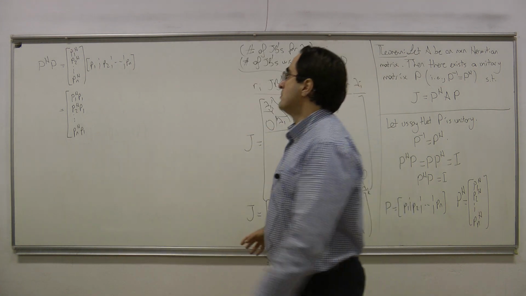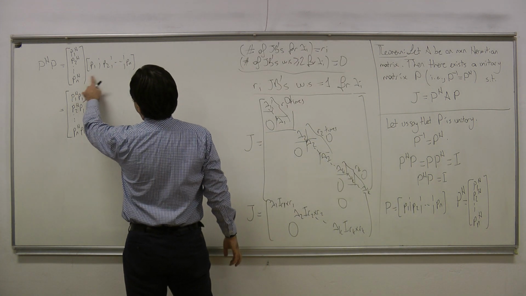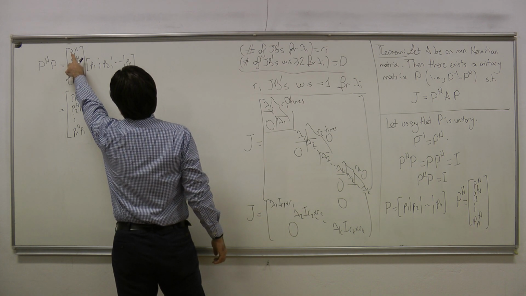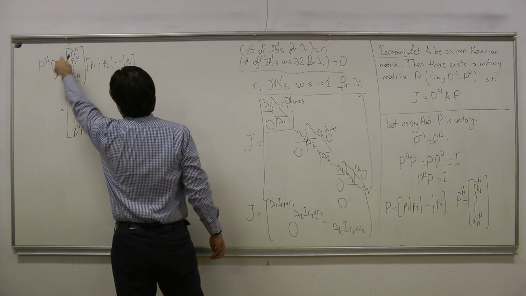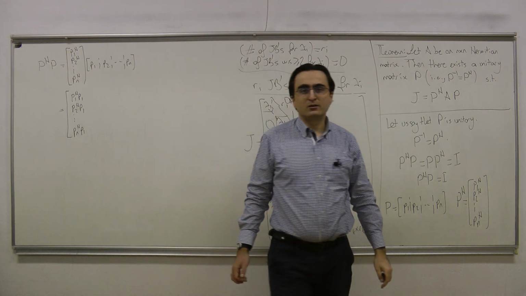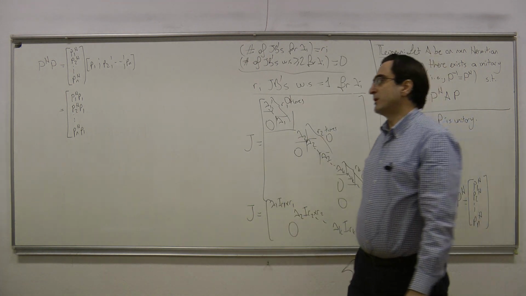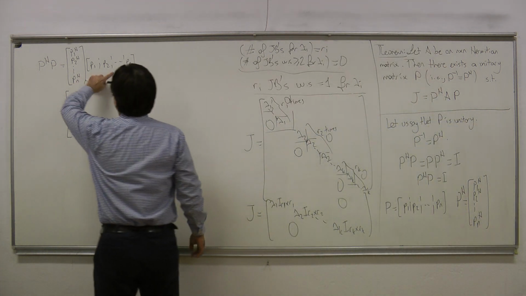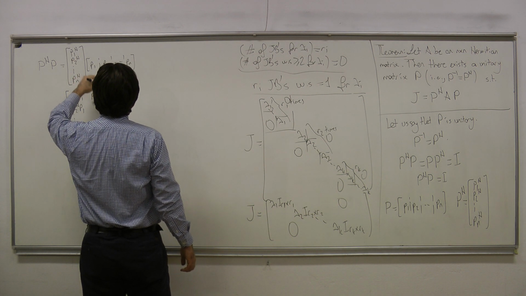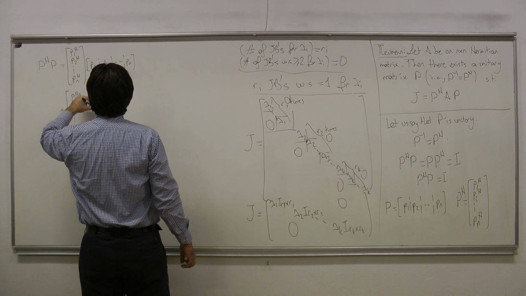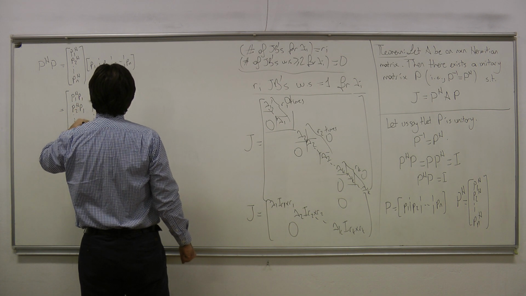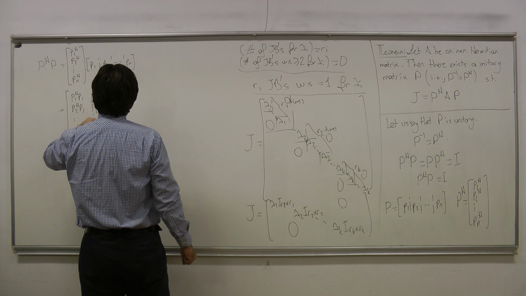When you multiply two matrices, what you are doing is taking the inner products of the rows of the matrix on the left with the columns of the matrix on the right. This is the general matrix multiplication rule. Then you would have the second column, P1 Hermitian P2, then P2 Hermitian P2, continuing like this until Pn Hermitian P2.